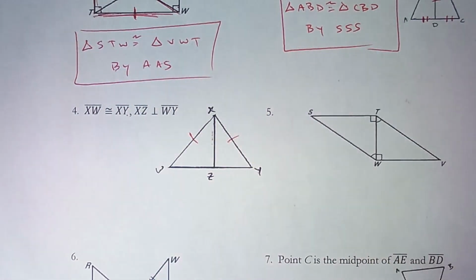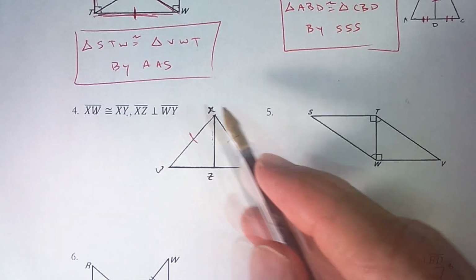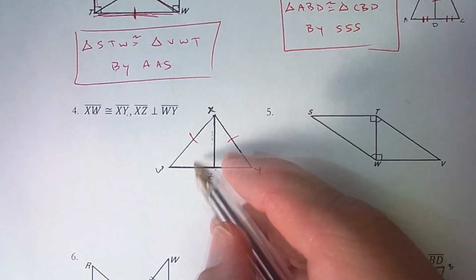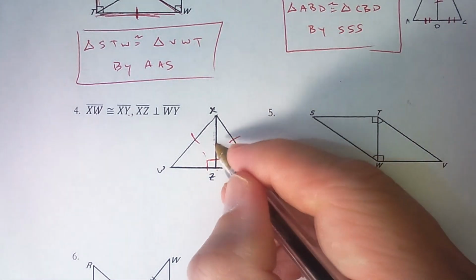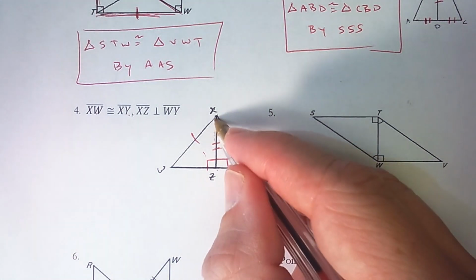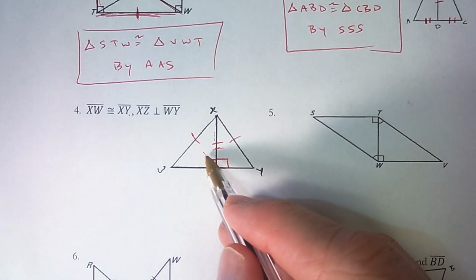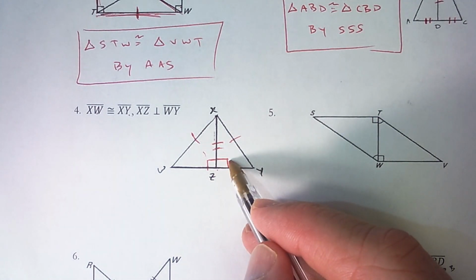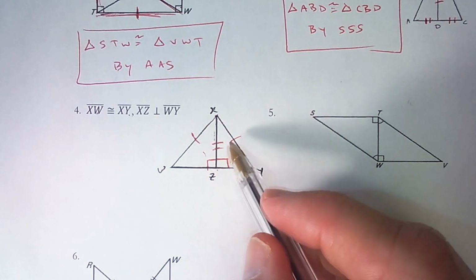XW and XY are congruent segments. XZ and WY are perpendicular segments, so these are right angles. And they share a side. So by the reflexive property, XZ is congruent to itself. So I have right triangles, hypotenuse congruent, and a leg congruent.